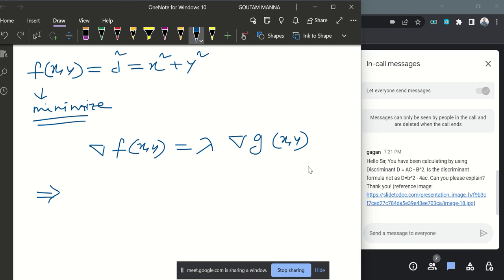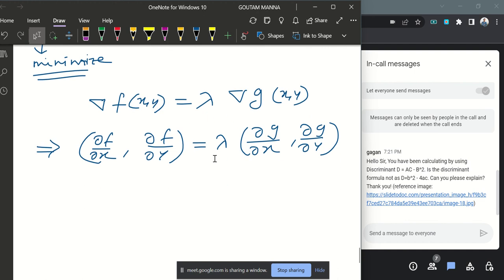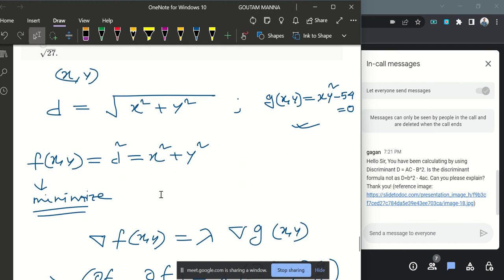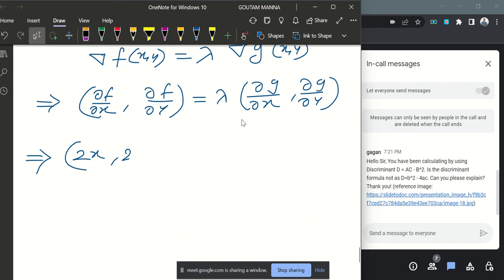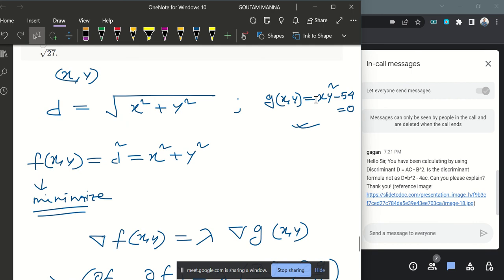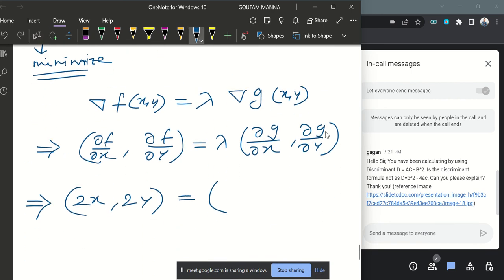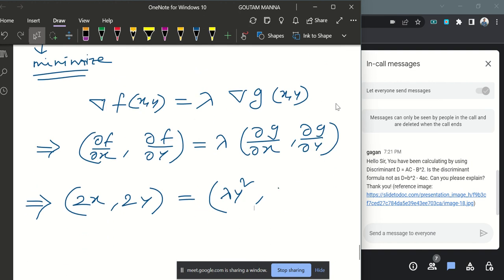So ∂f/∂x, ∂f/∂y equals lambda times (∂g/∂x, ∂g/∂y). Now ∂f/∂x is 2x and ∂f/∂y is 2y. ∂g/∂x is y², so lambda y², and ∂g/∂y is 2xy, so 2 lambda xy.